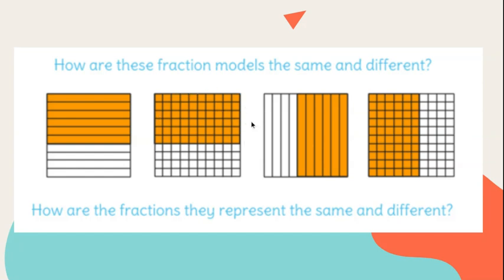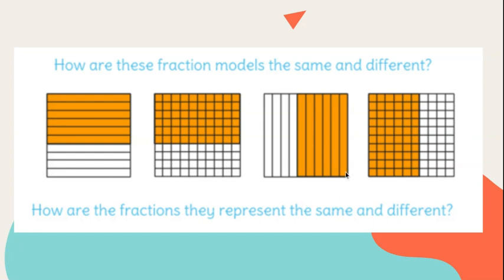Okay, so this is 60 over 100, or 60 hundredths, we say in math, all right? So we have 6 tenths and 60 hundredths, and I want you to think about how that could be the same or different, all right?